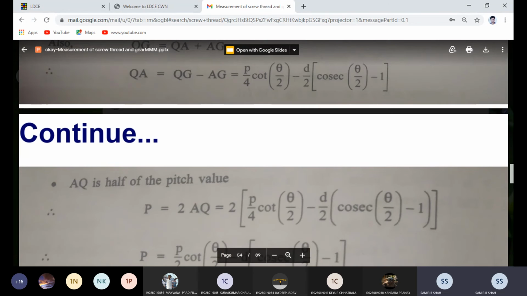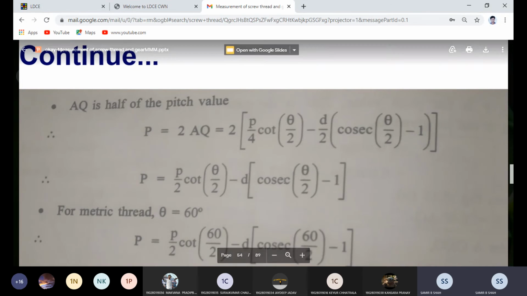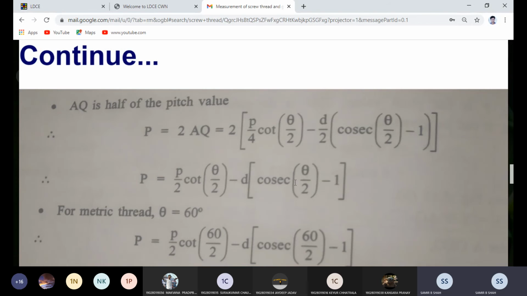The equation is P by 4 cot theta by 2 minus D by 2 cosec theta by 2 minus 1. So P is equal to, I just multiply with the whole bracket, P by 2 cot theta by 2 minus D cosec theta by 2 minus 1.